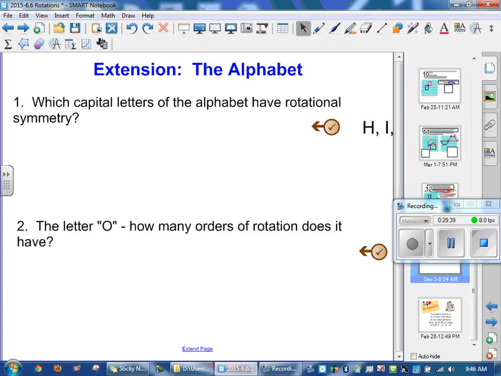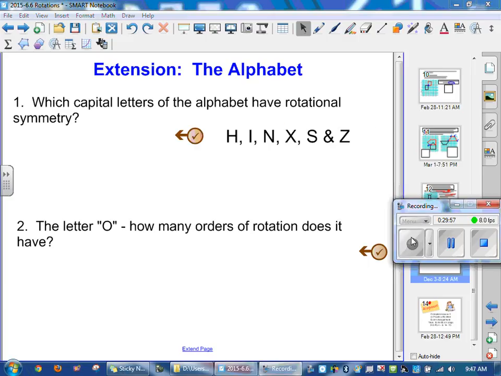O we're talking about on number 2 here. X. S, and Z. Lastly, O has infinite symmetry. It's infinite order because it goes around and around as many times as it wants. Complete circle. This ends lesson 6 of rotations.